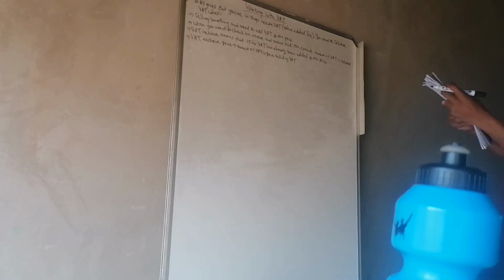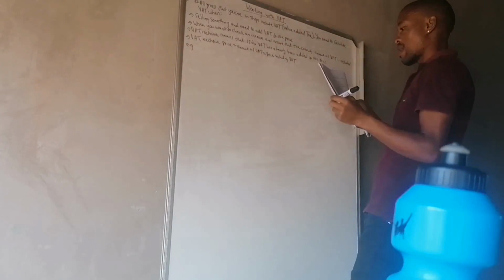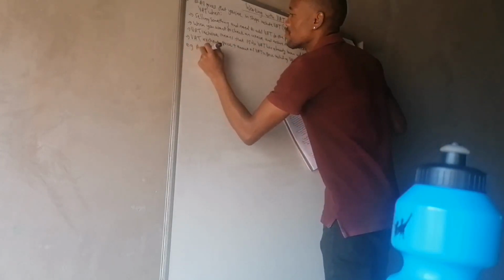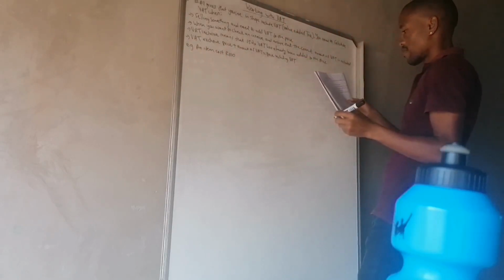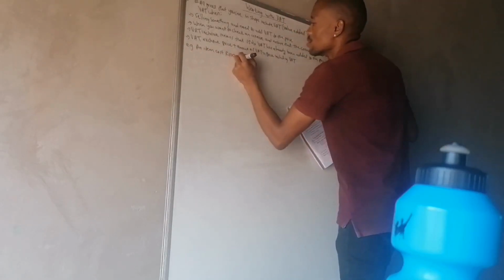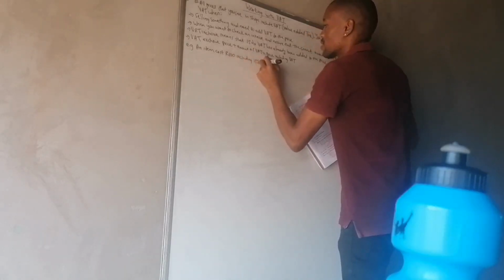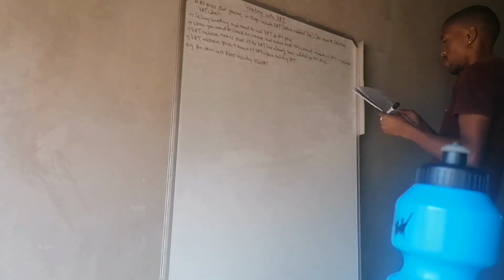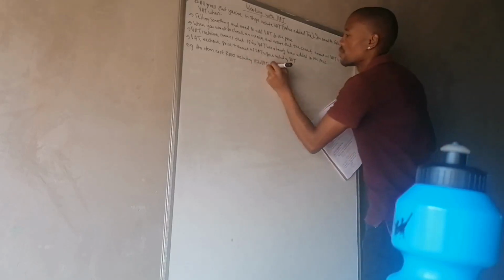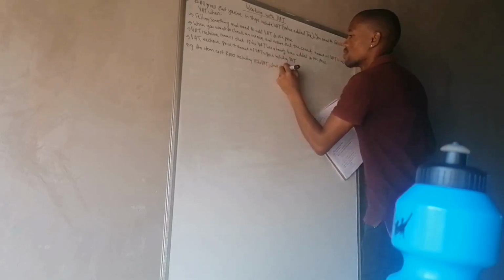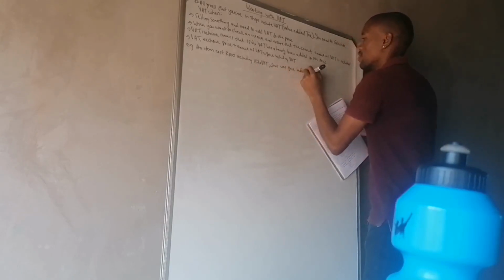Now, here is an example. An item costs 100 rand, including 15% VAT. What was the original amount? What was the price before VAT?